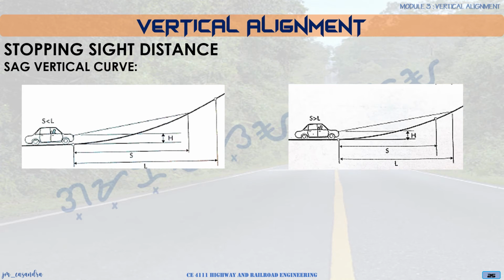So for stopping sight distance for sag vertical curves, we'll have the same approach. We'll also have two cases.